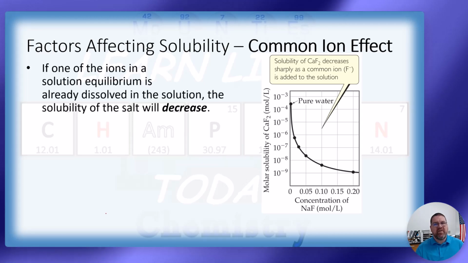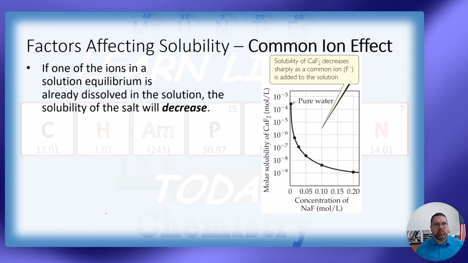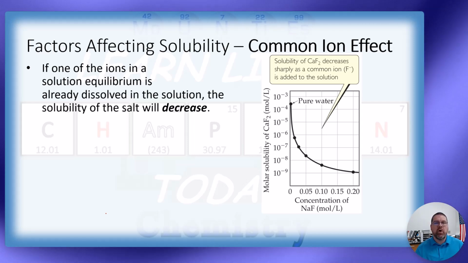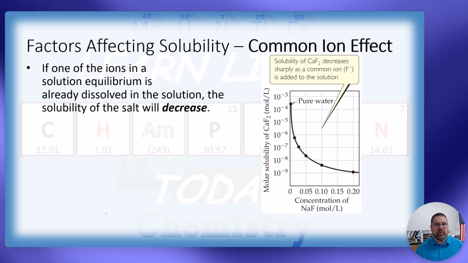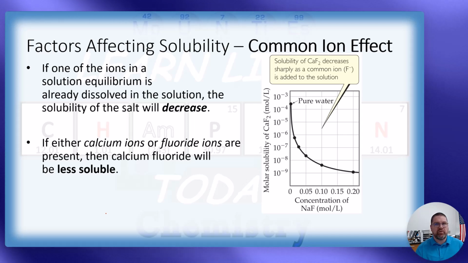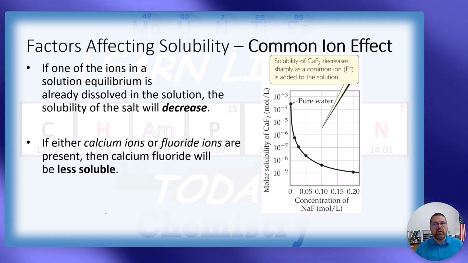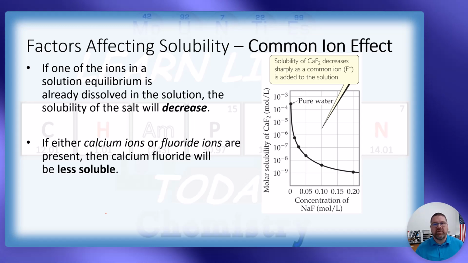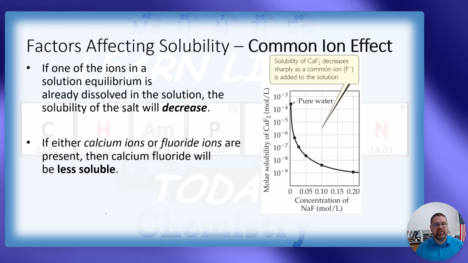When you have an equilibrium, and then you introduce something to that equilibrium system that contributes one of the ions present in the equilibrium, it will decrease the solubility of the salt in the solution. In the case of calcium fluoride, the addition of anything that contributes either calcium ions or fluoride ions will create this effect. And so the addition of sodium fluoride has the effect of decreasing the solubility of calcium fluoride.